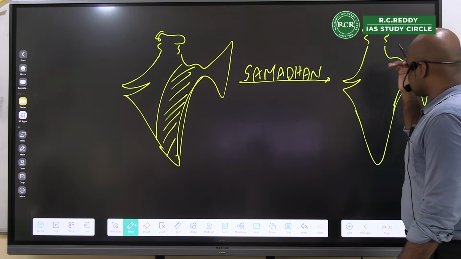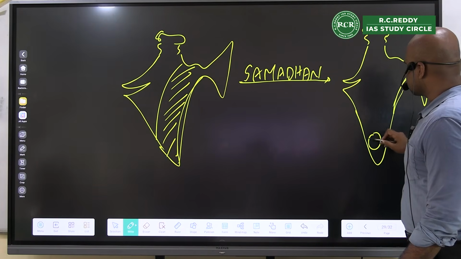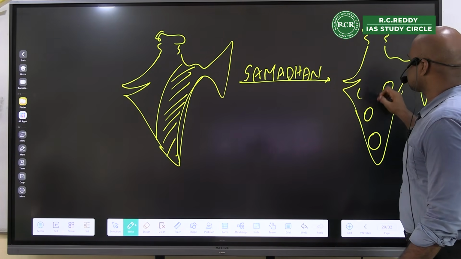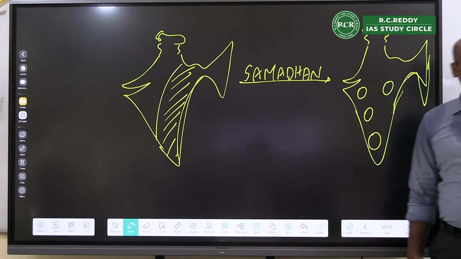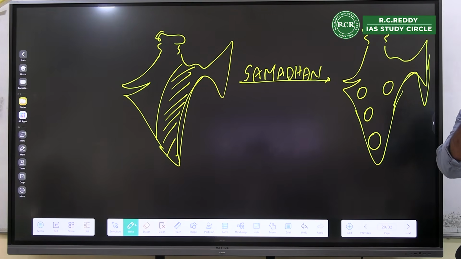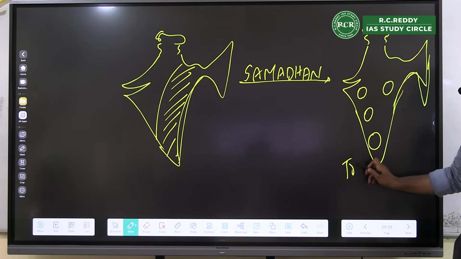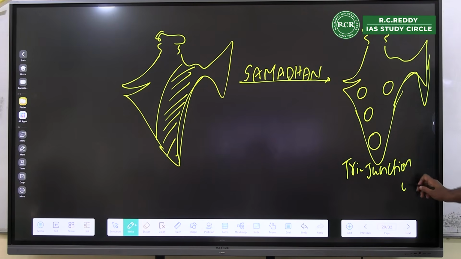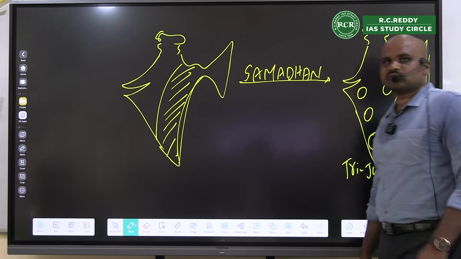It started dividing into pockets. Not only pockets, but one dynamism that you see is the tri-junction operations which are seen to be happening with respect to Naxalism.